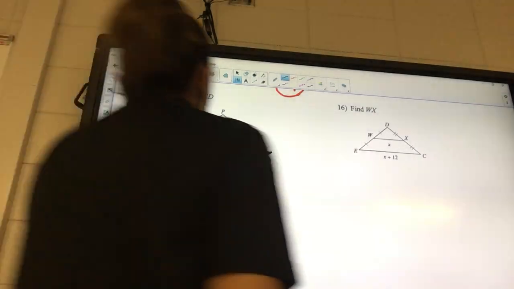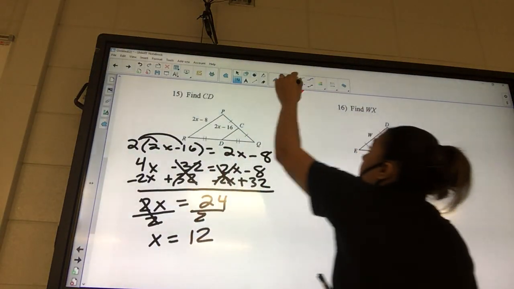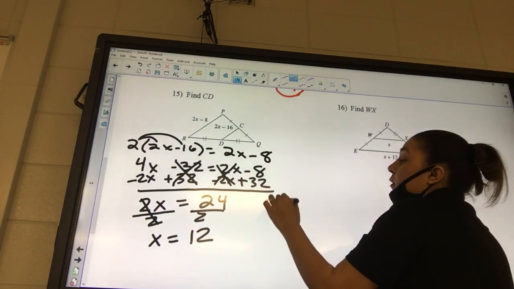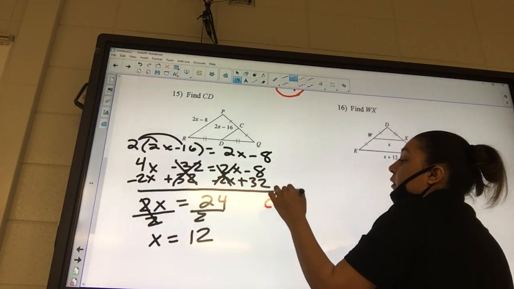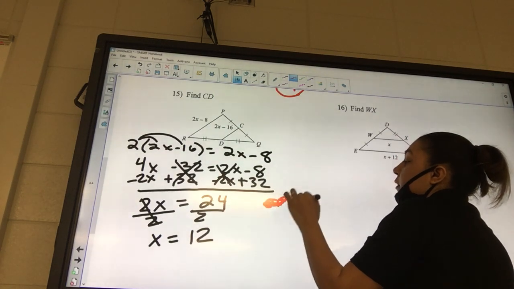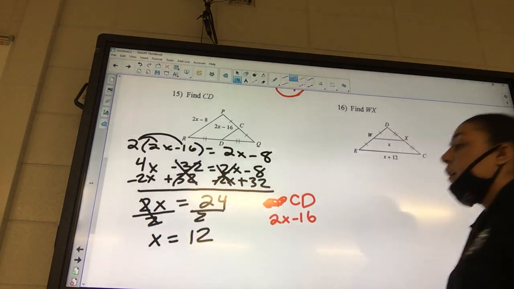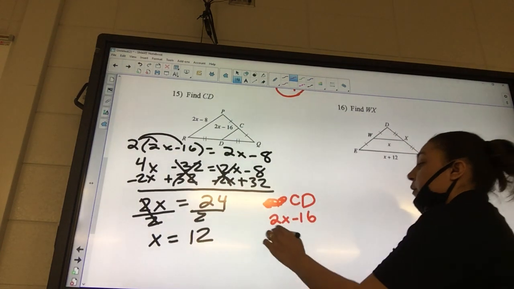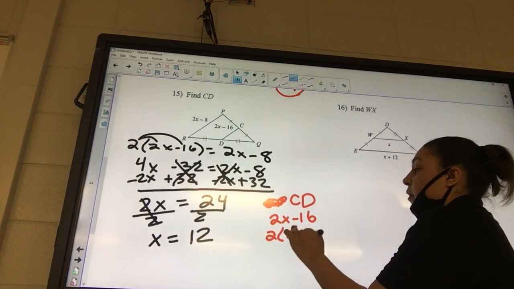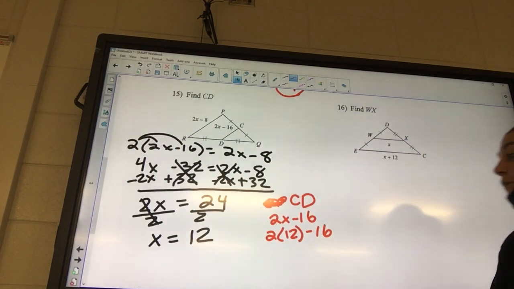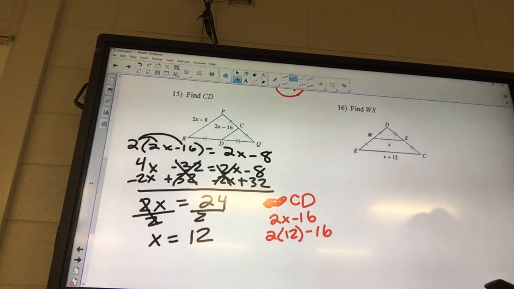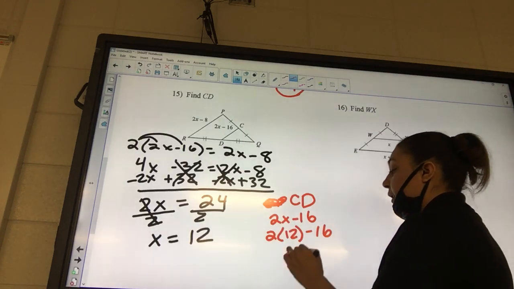Yeah, we're going to plug it into CD, which is 2x minus 16. And our x value is 12, so it's really going to be 2 times 12 minus 16, which is going to give you 8.